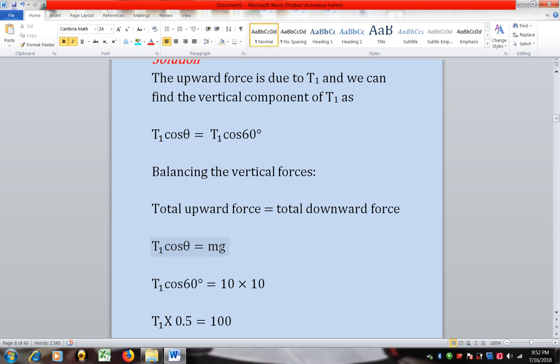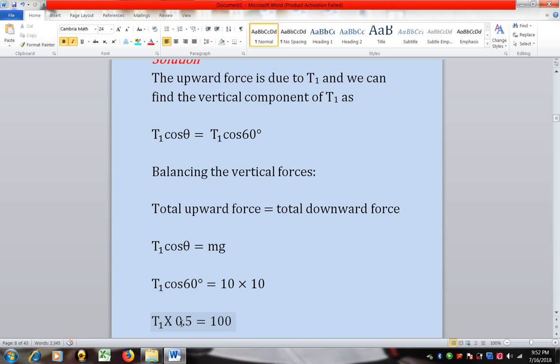We are taking acceleration due to gravity as 10 meters per second square. Alright, so this is the weight of the body which is acting vertically downward, and this is the vertical component of tension T1 which is acting vertically upward. So this is upward and this is what? Downward. Now equating them, we have T1 cos 60 degree.